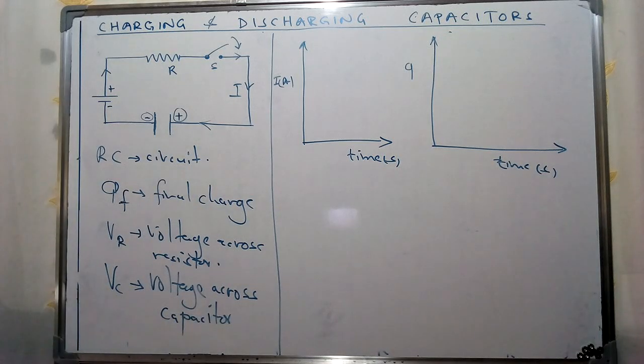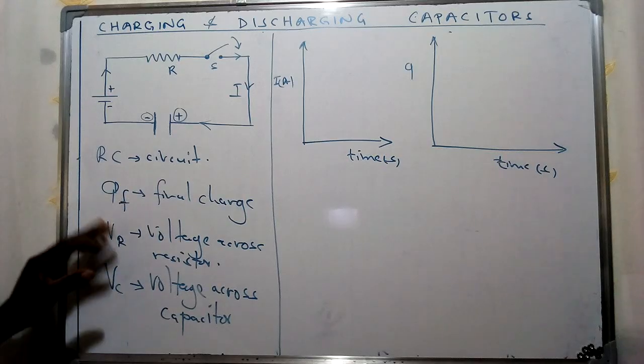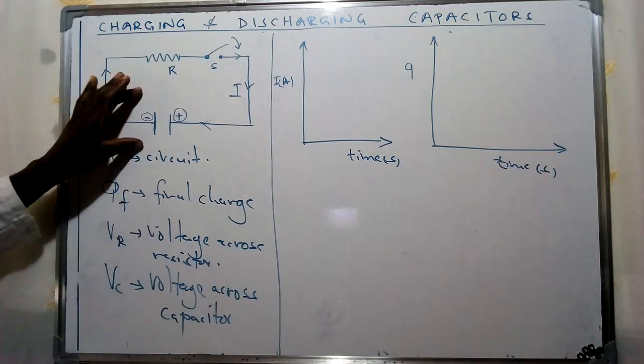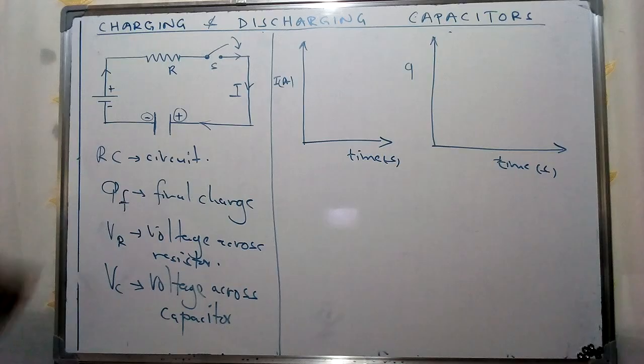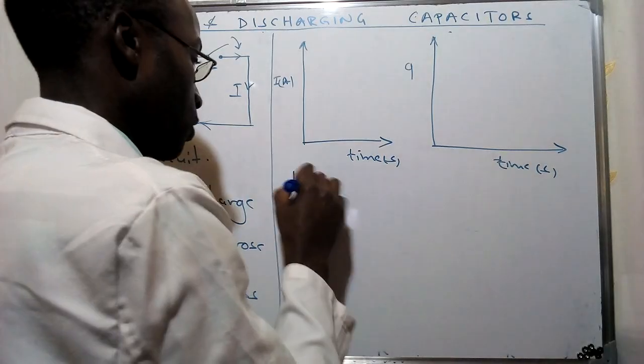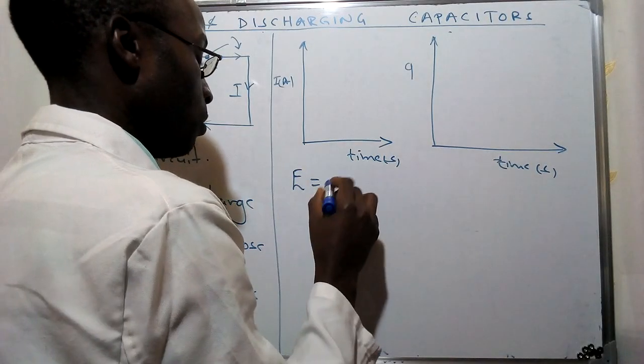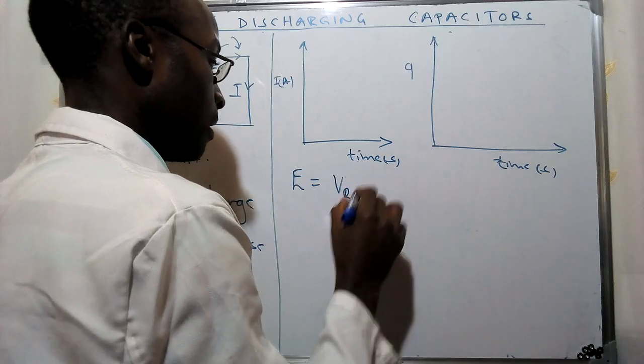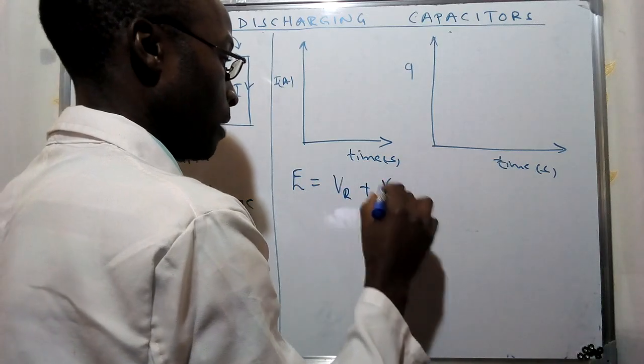Thereafter, we said that we can develop a relationship between the potential which is going to be realized in this particular circuit. So we said that we can give the total potential as E equivalent to V_R plus V_C.